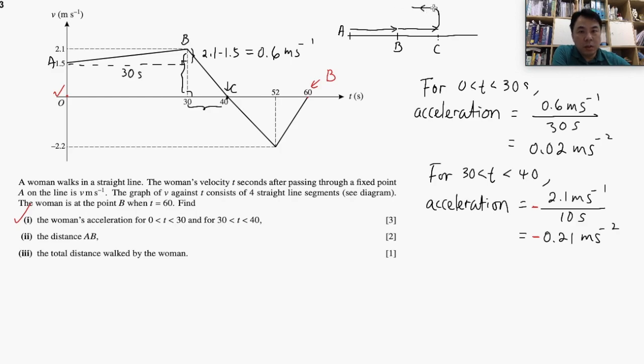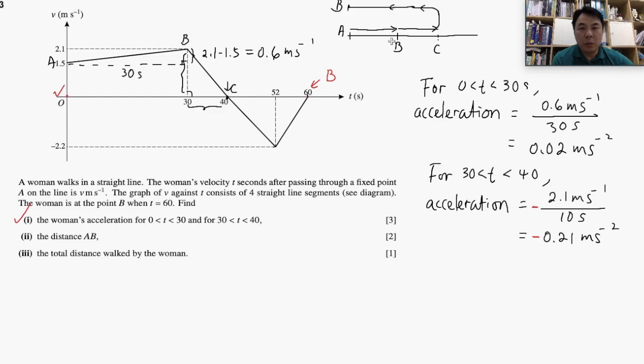So now the woman is walking in the opposite direction with respect to where she started from. She continues to move until she reaches a velocity of negative 2.5 there, and then after that she keeps on increasing her speed again until she stops at point B here.